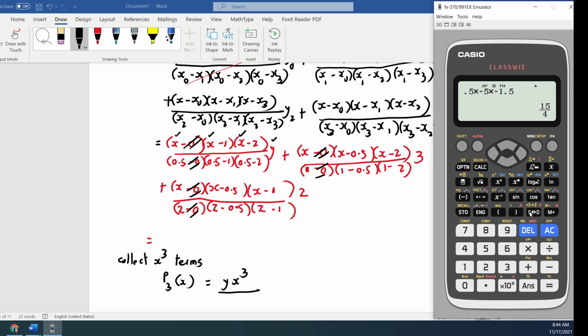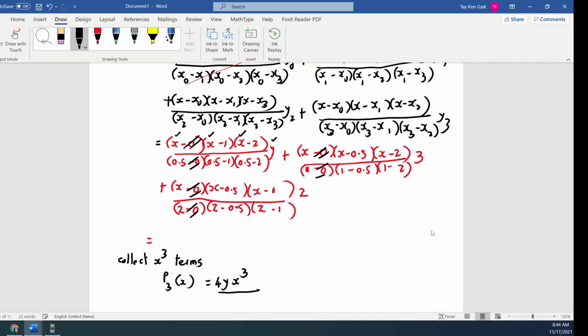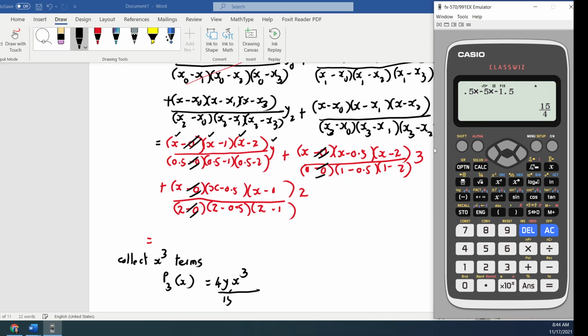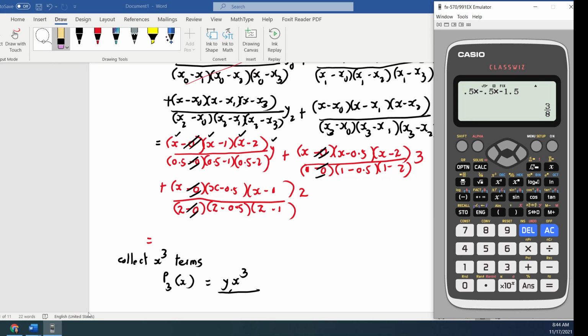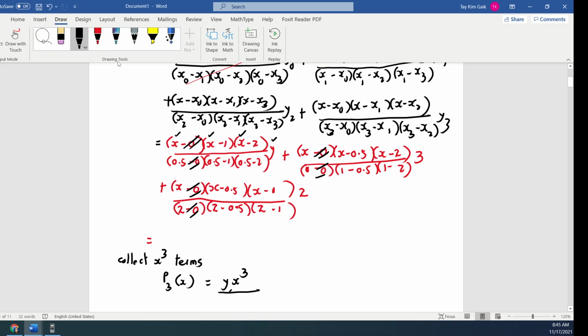So you have 3 over 4 times 0.5, which gives 3 over 8. Divide by 3 over 8, so the 8 brings up, becoming 8 over 3. This is for the first term.